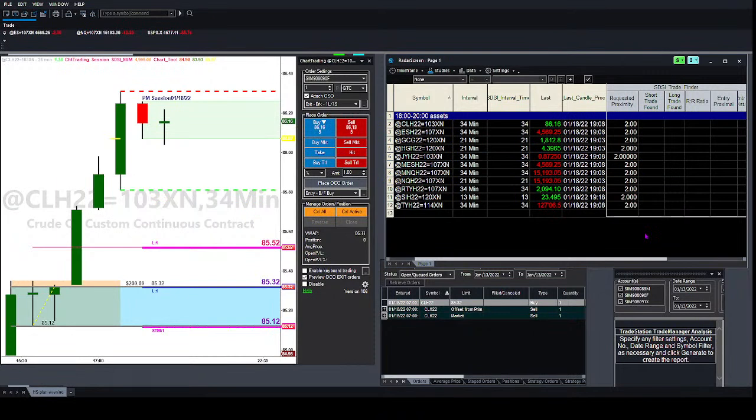Let's see, what are a few other things I've learned about the Trade Finder? Sometimes TradeStation turns your alerts off. And the easiest way to find that out is just to go here. I normally have my alert set once per bar.